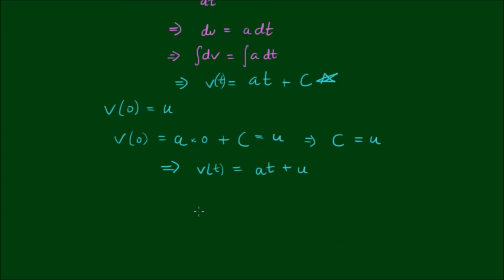So the velocity, you may also have learned from physics, is the rate of change of displacement. And we would note this as ds on dt, the derivative of displacement, is equal to the velocity, which we have solved to be equal to at plus u. So we can separate again to find an expression for the displacement.